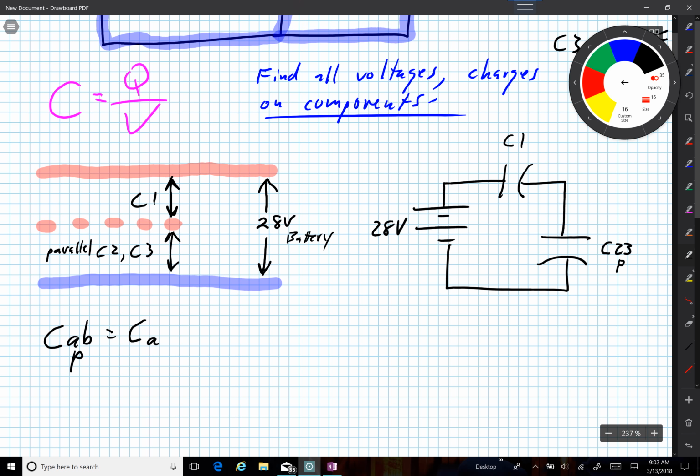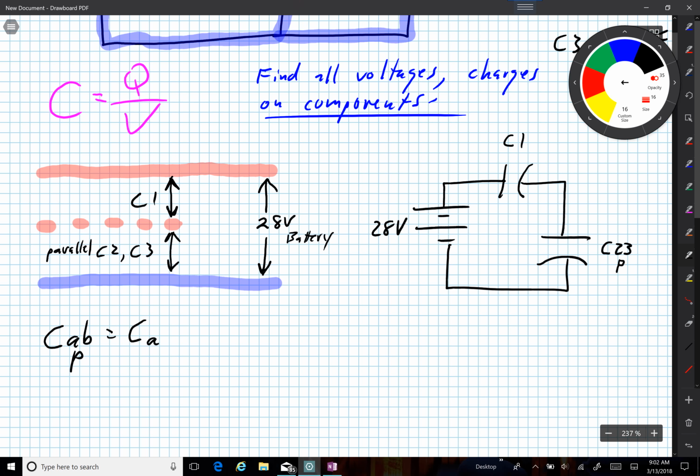So in this problem, I can say that this is going to equal C2 and 3, it'll be 3 and 5. This is going to be 8 microfarads. So C23P is 8 microfarads. And this circuit behaves exactly the same as my original circuit.